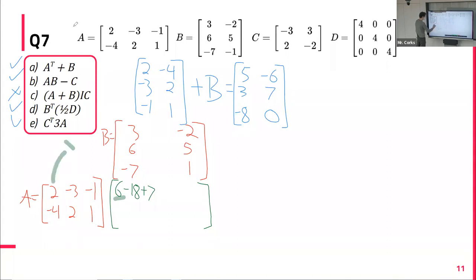It's 2 times the first one. The second one times the second one, -3 times 6. Third one times the third one here. And then we just add all of them together. So 6 plus -18 plus 7, and that'll be our number.